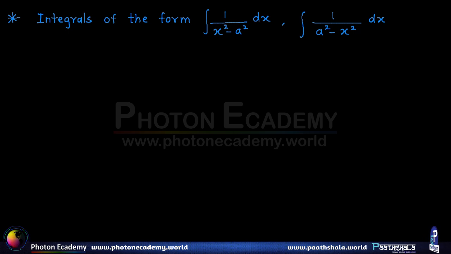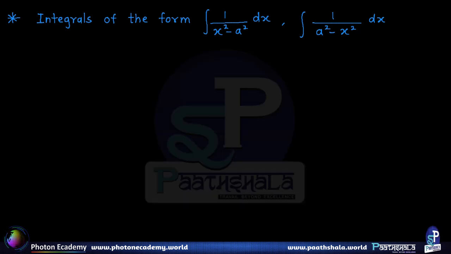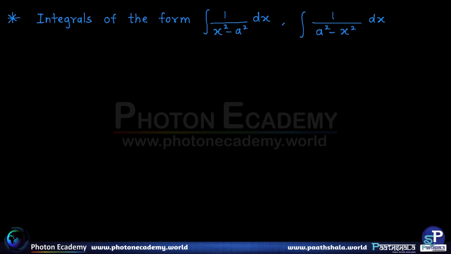So it is almost similar to the previous form that we saw, except the sign in the denominator is negative. So therefore it gives rise to two possible combinations, that is x square minus a square or a square minus x square. Now the method for both of them is almost similar. Now let's try to evaluate the first one.